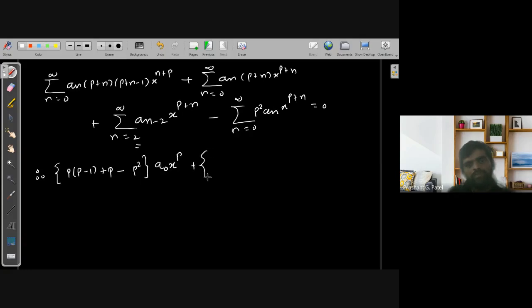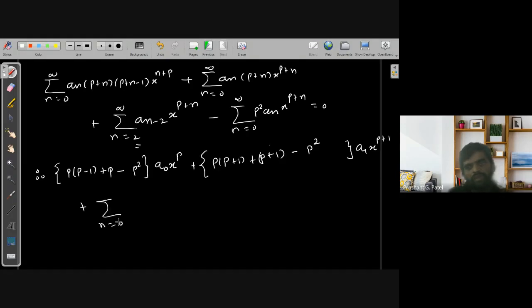The next term is for n equal to 1, so it is a_1 x raised to p plus 1. The coefficient is p into p plus 1, because I replace n by 1, and the 1 minus 1 cancels out. Here we will have p plus 1, and in the last term also we have p square.